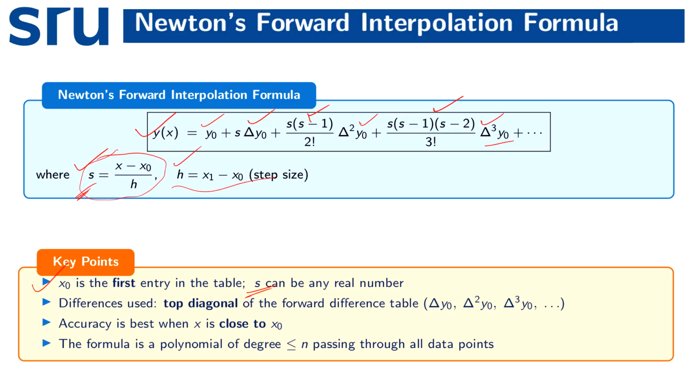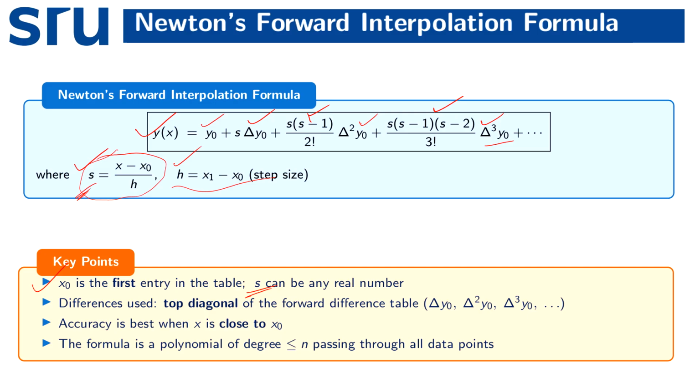This is important because the formula is built starting from the beginning of the table. So x does not have to be exactly one of the given points. It can lie anywhere within the interval. x is the point at which we are going to find the value of the function y.